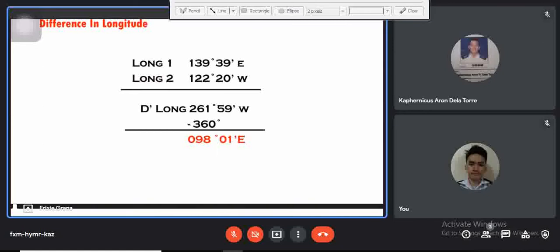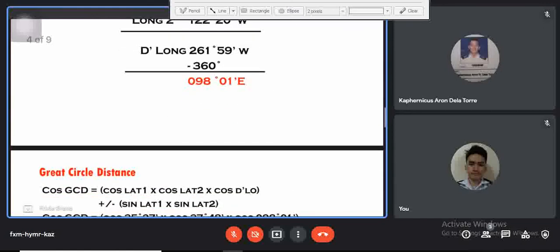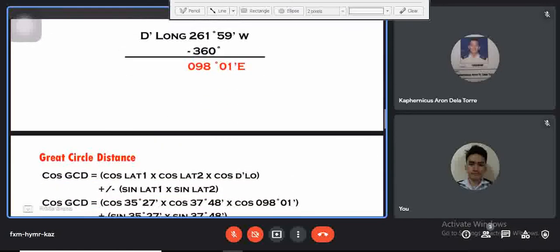At this point, we subtract it from 360 because, in navigation, we sail our ship the shortest way. After subtracting from 360 degrees, the answer is 098 degrees 01 minutes east.